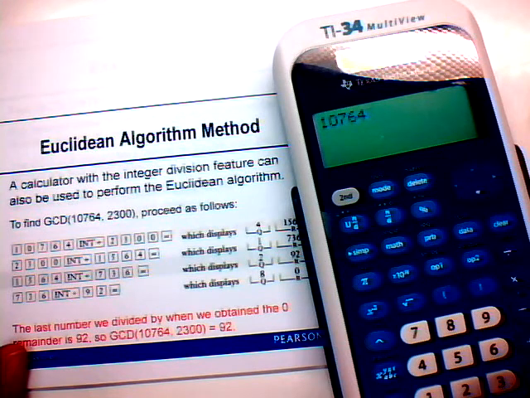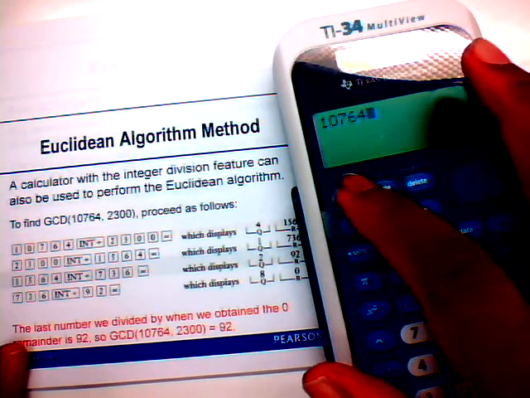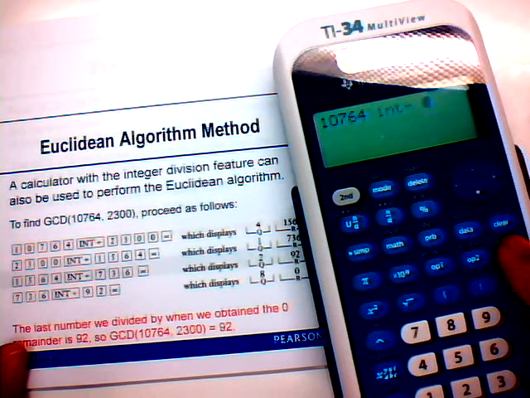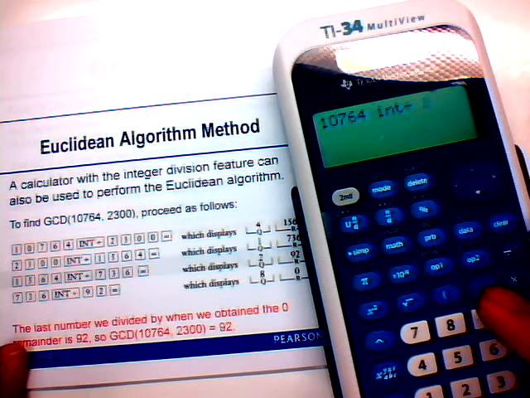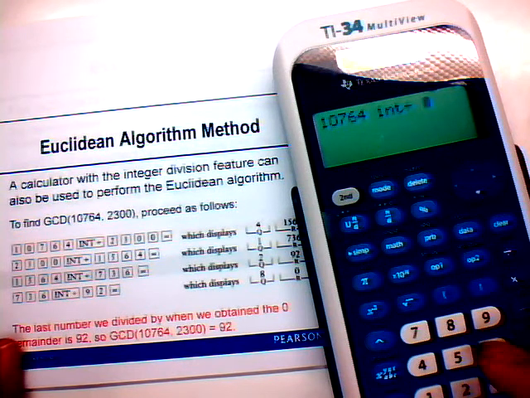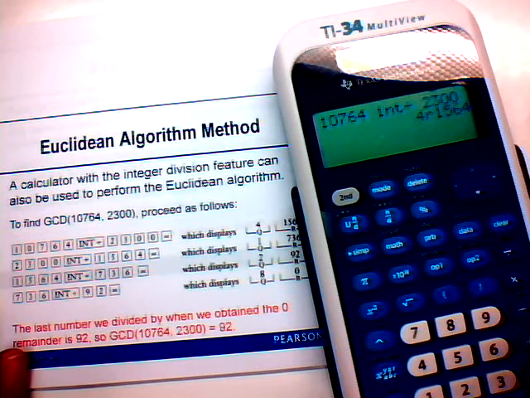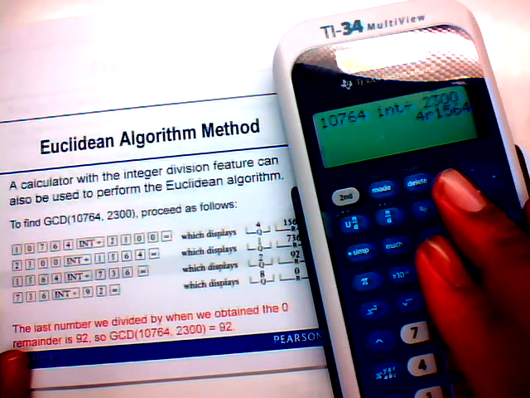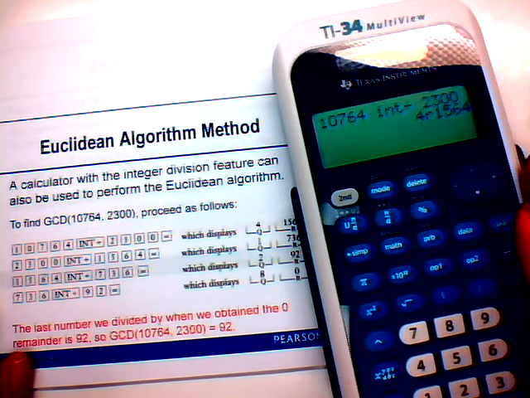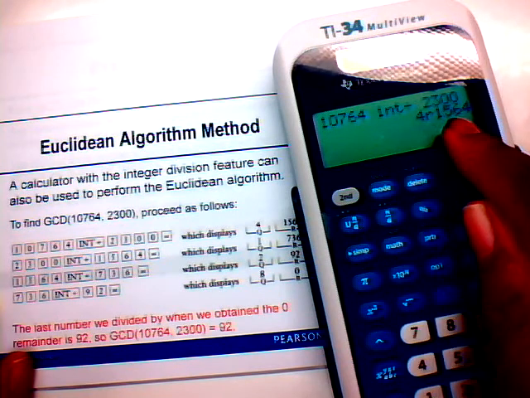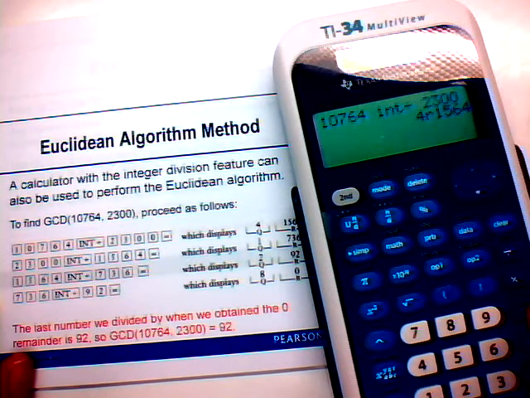Now, there's a button for integer division, so I'm going to press second and then the division key, which will give me the whole number and the remainder, and then 2,300, and then hit enter. Notice you get 4 with the remainder of 1,564. That's the quotient. The number after the R is your remainder.